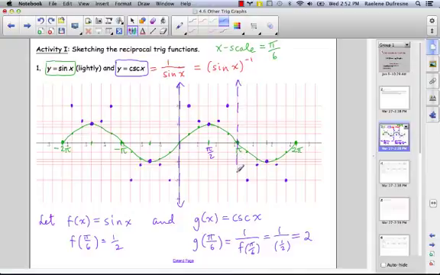So these vertical asymptotes are very useful for guiding the shape of the cosecant graph. And we see that the vertical asymptotes repeat just as often as the x-intercepts of the sine x graph repeat. Namely, every pi radians, the sine x graph has a 0, and the cosecant x graph has a vertical asymptote.